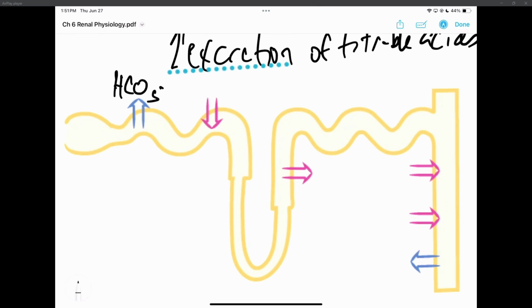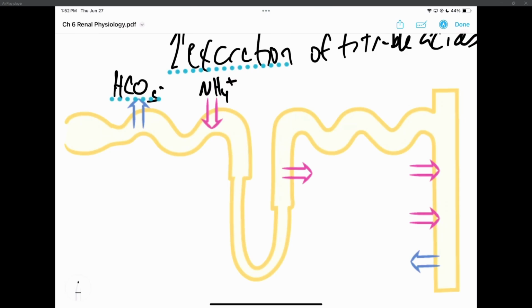We're reabsorbing that bicarb. What can we dump into at this proximal tubule? We can dump in NH4, ammonia. We could dump it in, and when we dump it in outside, what's that called? Secretion.